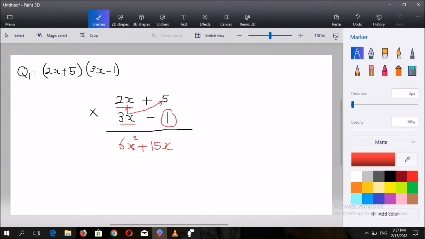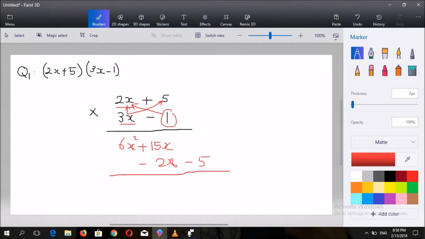So this is the first step: you need to multiply 3x by 2x. And the second step, you need to multiply 3x by the second term of the first expression. So 3x multiplied by 5 will give us plus 15x. After we finish multiplying 3x by all the terms of the first expression, you need to move on to carry out the same operation using the second term.